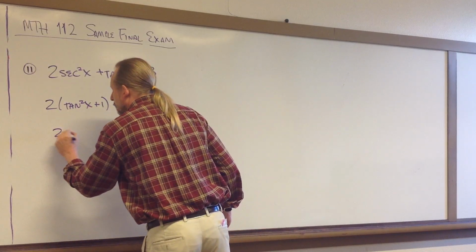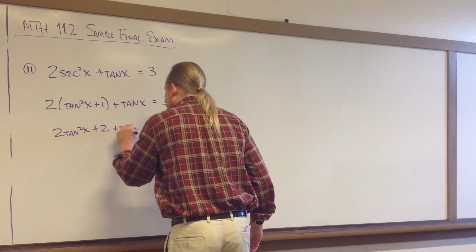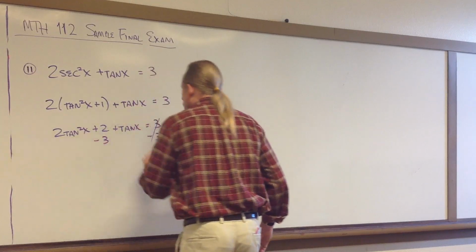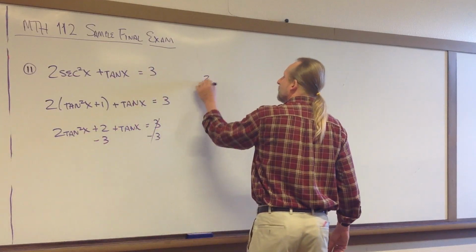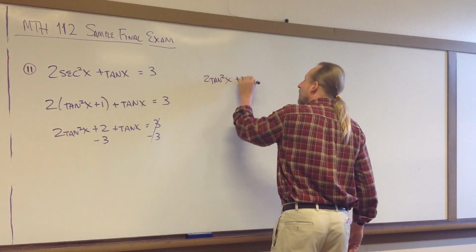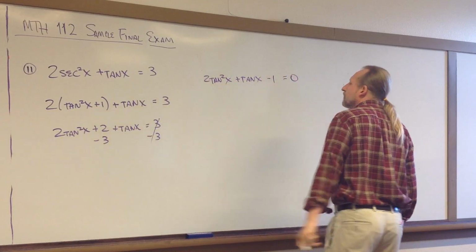So, 2 tangent squared x plus 2 plus tangent x equals 3. Subtract the 3 on both sides. That'll give us 2 tangent squared x plus tangent x minus 1 equals 0.